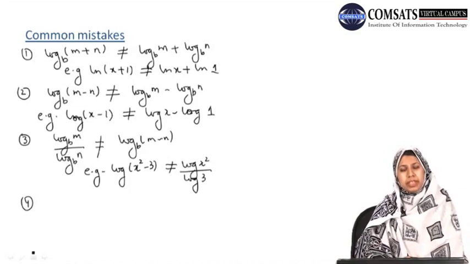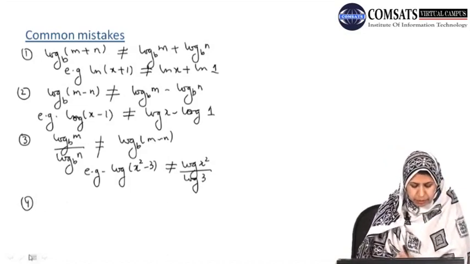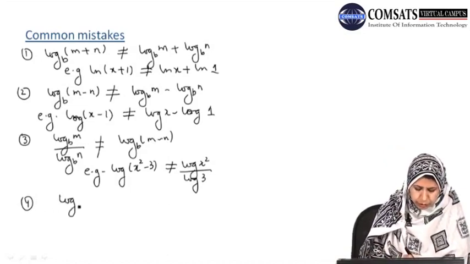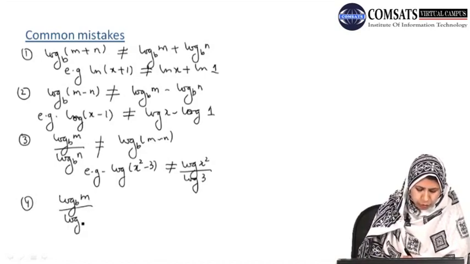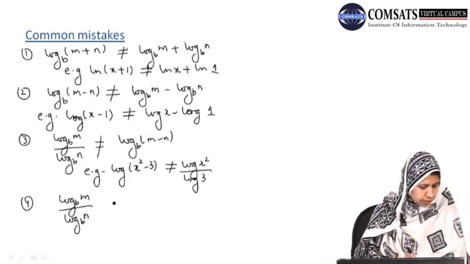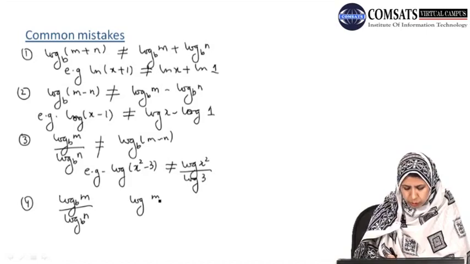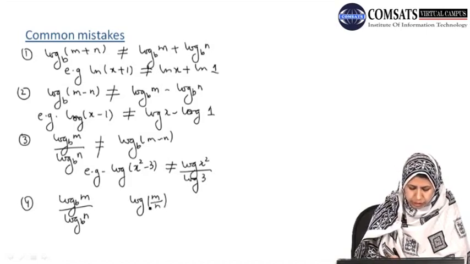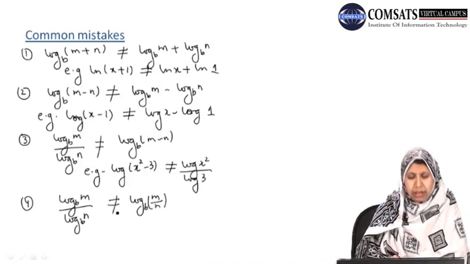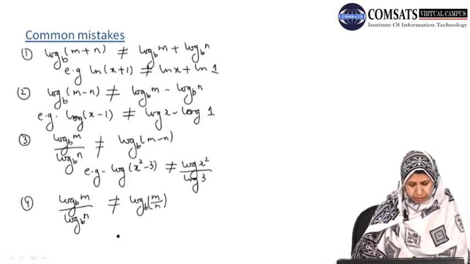Now the last common mistake which we make most of the time is again with the ratio, that we have log of m to the base b divided by log of n with the same base b, and we write it as the log of the ratio m over n to the same base, and they are never equal.